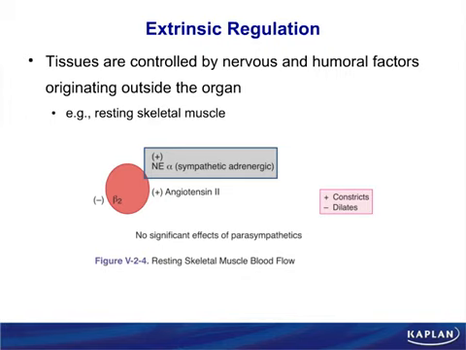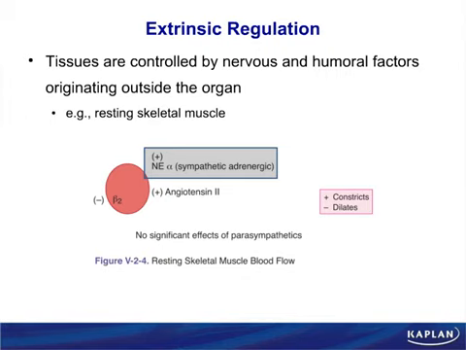So for extrinsic regulation, the big player here, let's say this is resting skeletal muscle, we have sympathetic noradrenergic neurons. These are postganglionic sympathetics. They release norepinephrine, which causes alpha-mediated vasoconstriction.